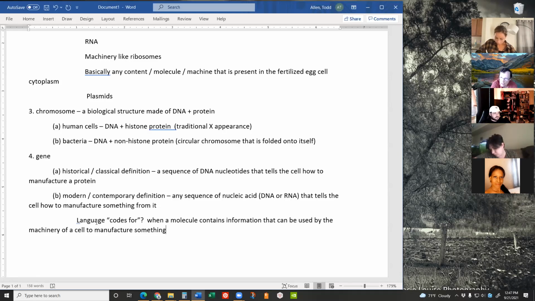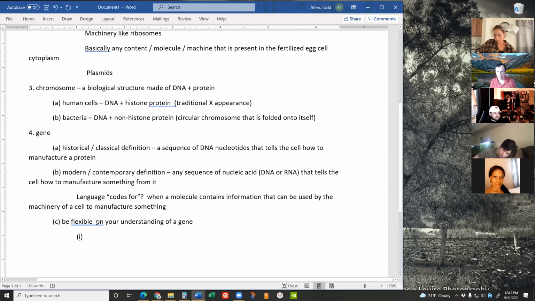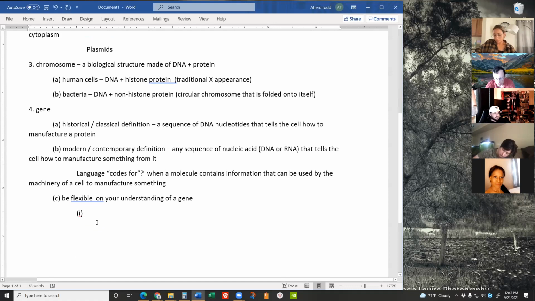My next point is, be flexible on your understanding of a gene. If a piece of DNA is used by the cell to manufacture RNA, then that piece of DNA is a gene.